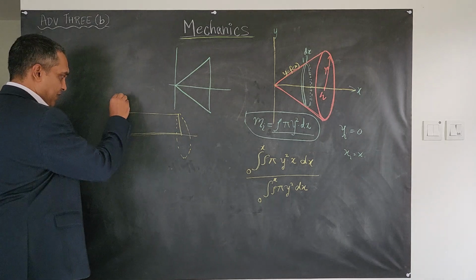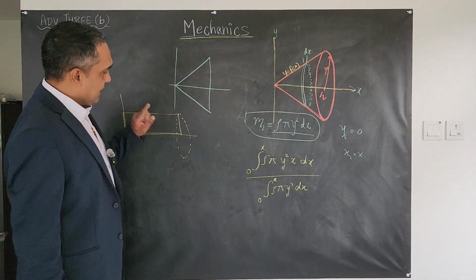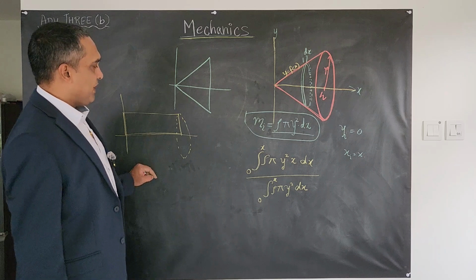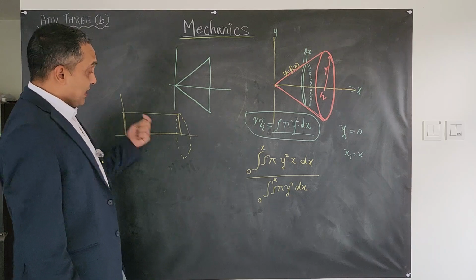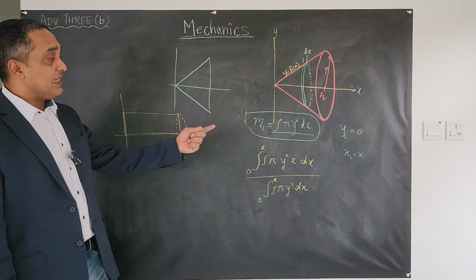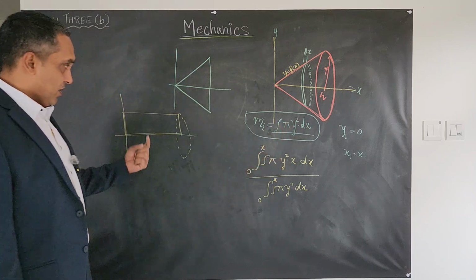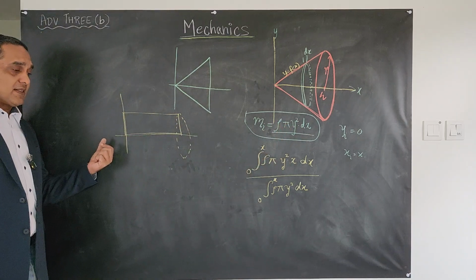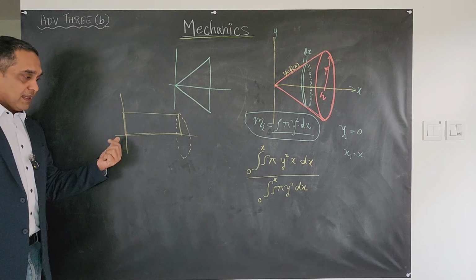So if this is my axis, it's very easy to spin it, and then I can define what will be my cylinder. And if it's a uniform cylinder, meaning its density stays constant, they're all uniform bodies.